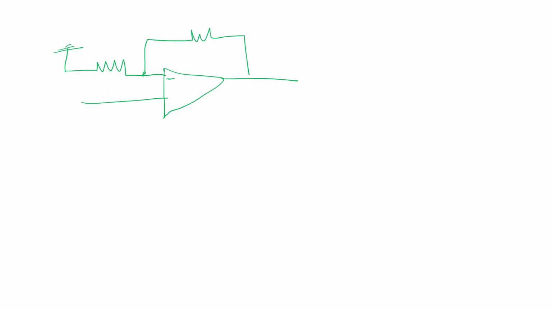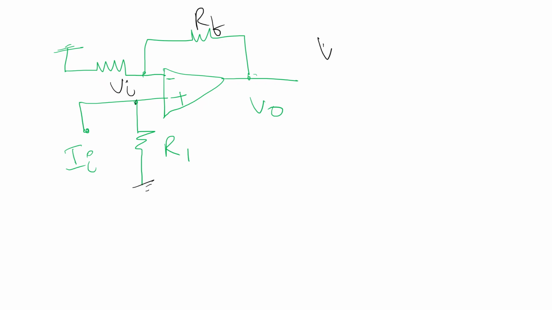The RF resistor is connected to the output, R1, the input current Ii, the input voltage Vi. This is the RF resistor. The input voltage Vi is equal to Ia into Ri.